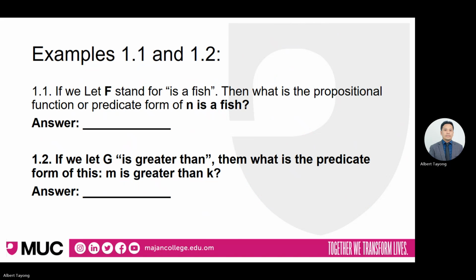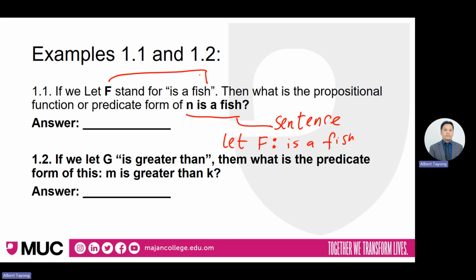Okay, so here, for example, this is our sentence. N is a fish. How do we change this into predicate form or in predicate logic? Our sentence is N is a fish. So we let F be our predicate, "is a fish".